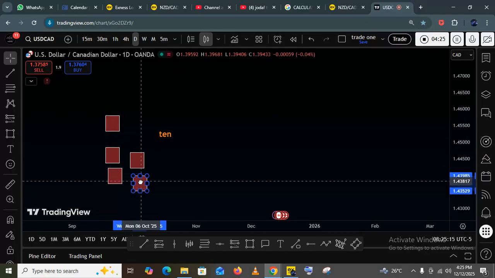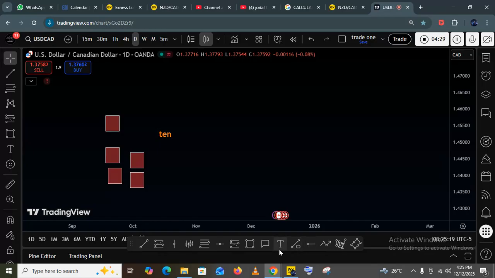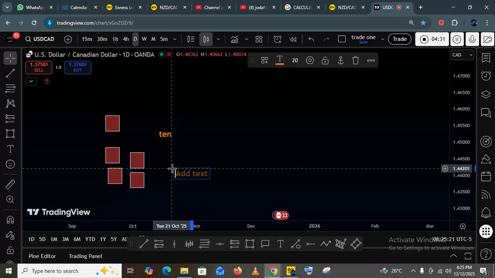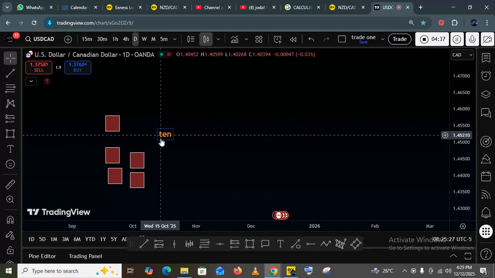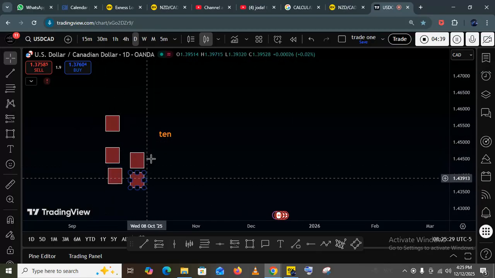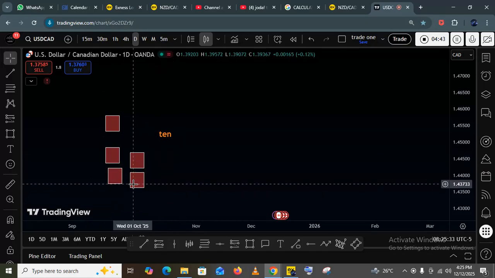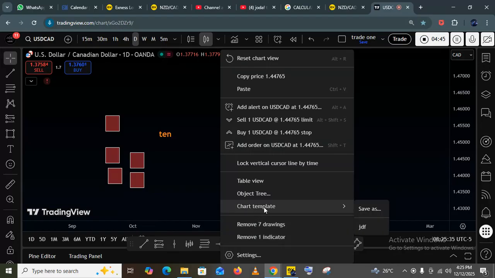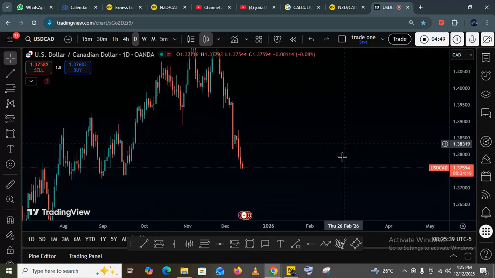So for having 4 boxes, you'll have about $40. It's the same thing as taking one multiplied by whatever amount you have. This is basically the lot. All right, that's the lot. Okay, remove objects. Now we go back to the chart right here.